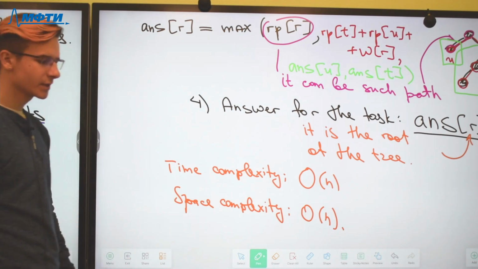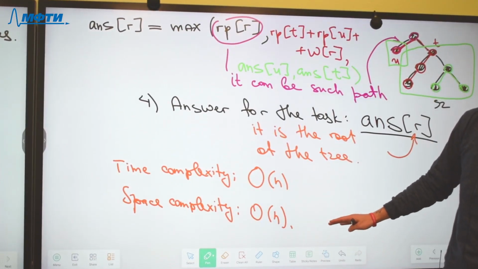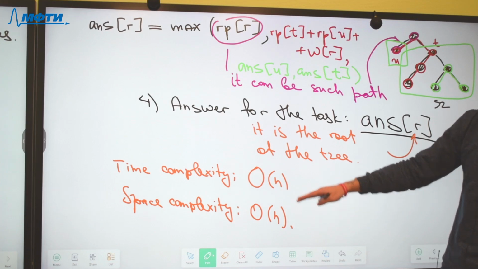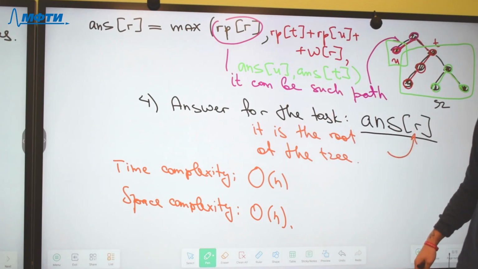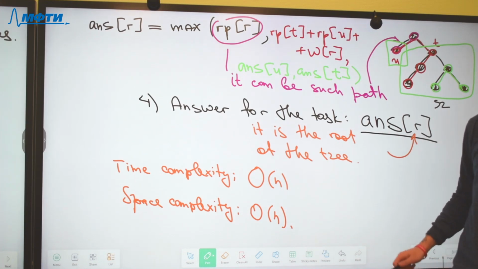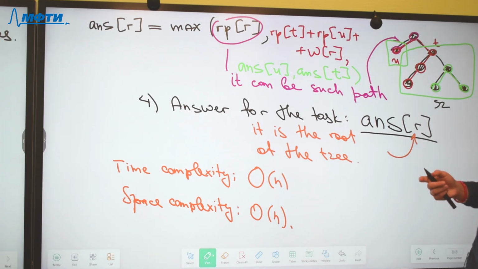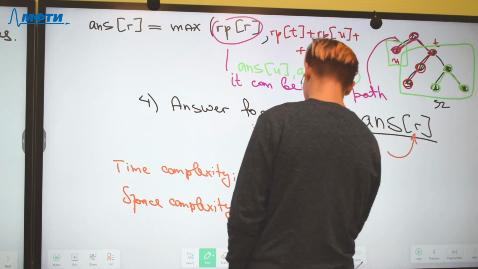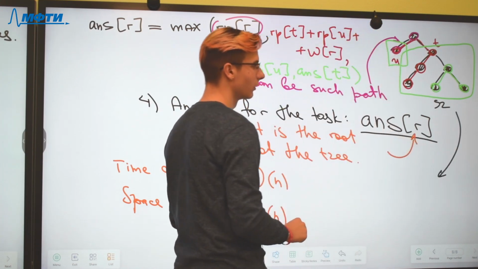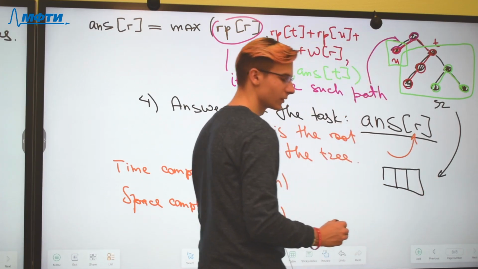And about space complexity, of course, we spend linear space to store ans and rp, but you need to understand that we need to store 3 trees now, because this tree in our algorithm becomes a tree with complicated nodes.